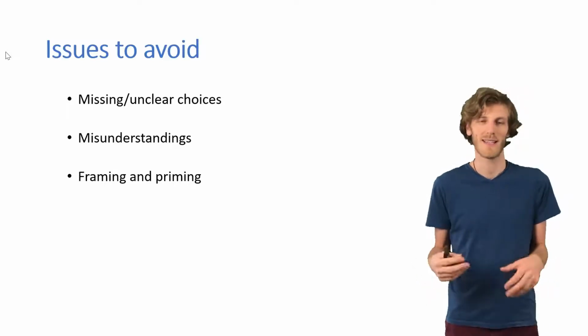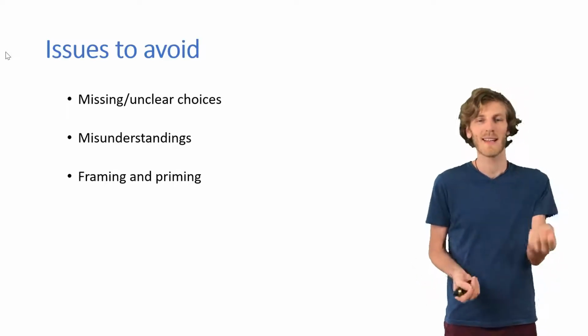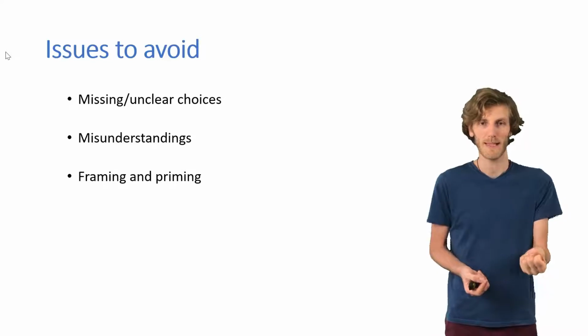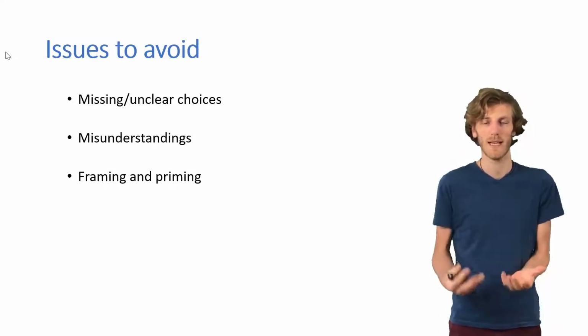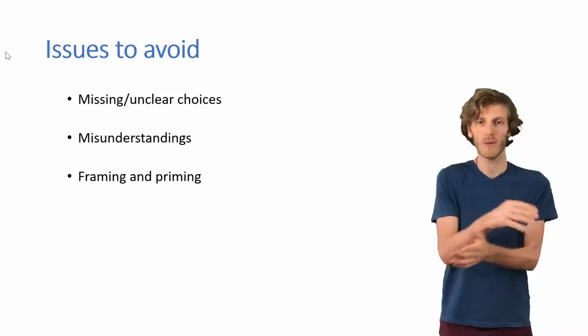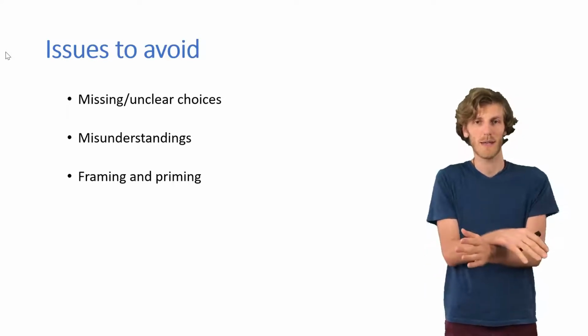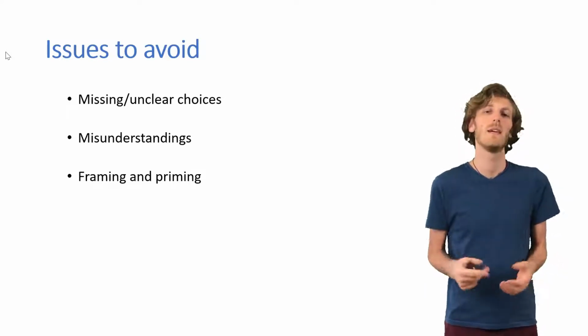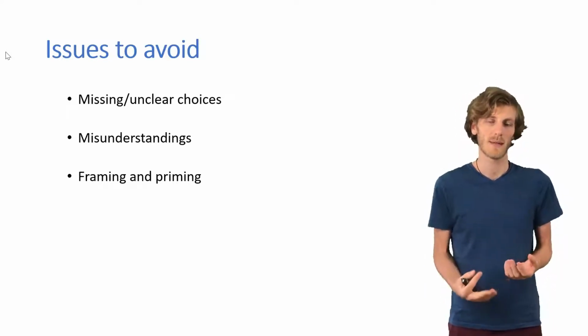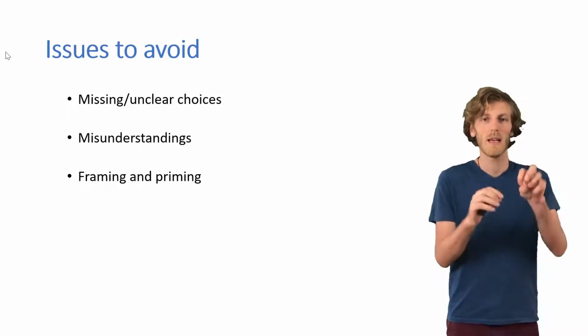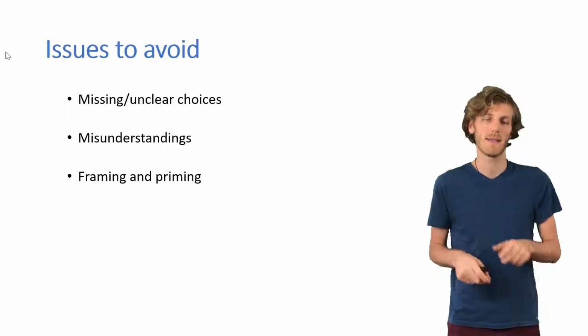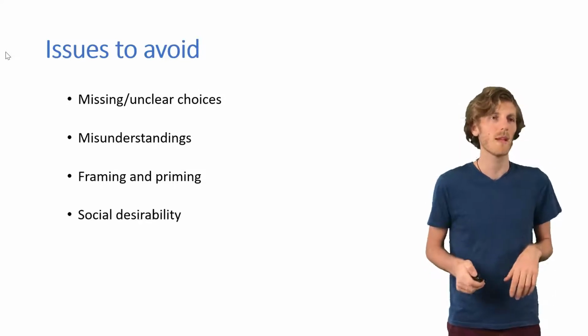And then I ask you, how satisfied are you with your life? Suddenly, the free time with friends becomes one of the strongest predictors of life satisfaction. If I don't prime it that way, and I ask the questions the other way around, the association will be much weaker. So that's something quite important to look at in a questionnaire. How are questions framed? How can earlier questions prime answers to later questions?